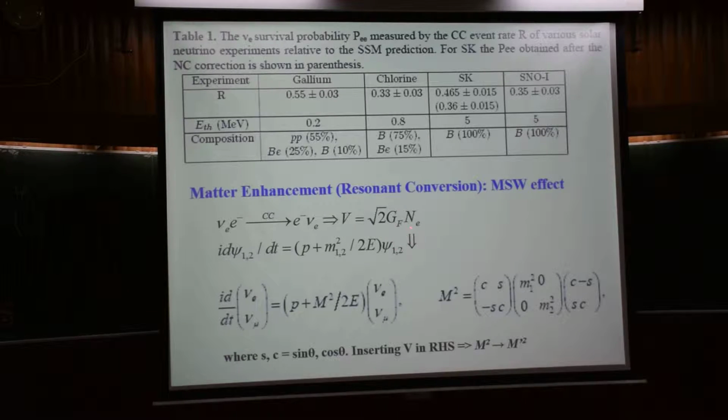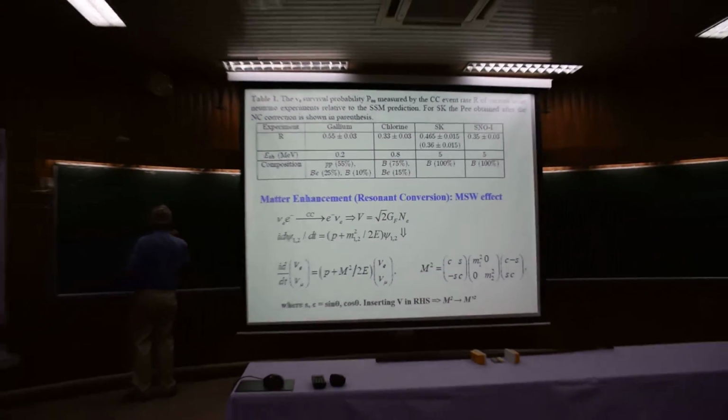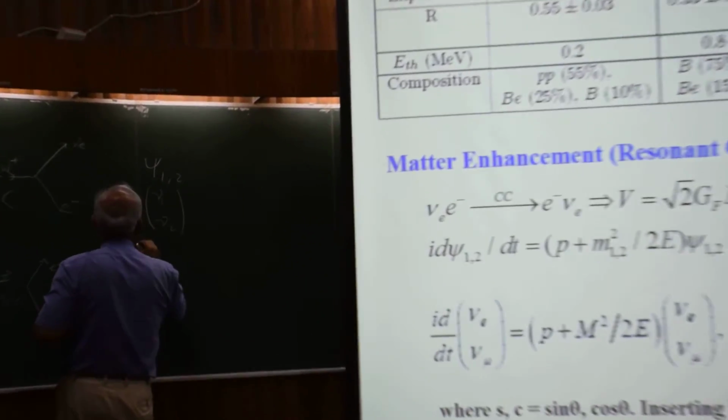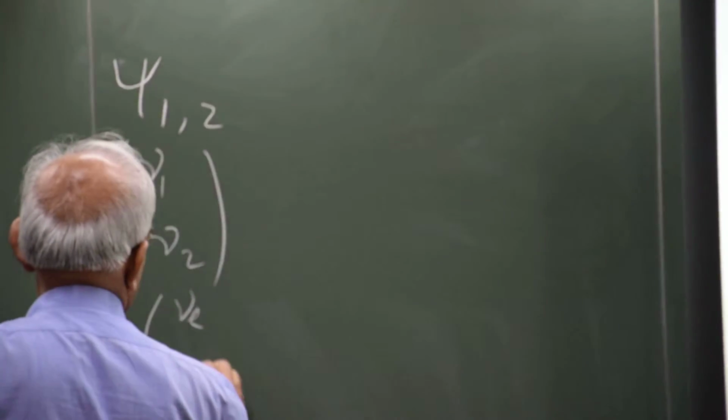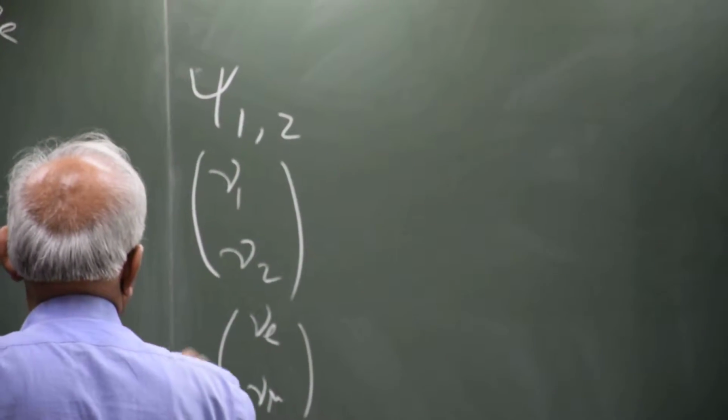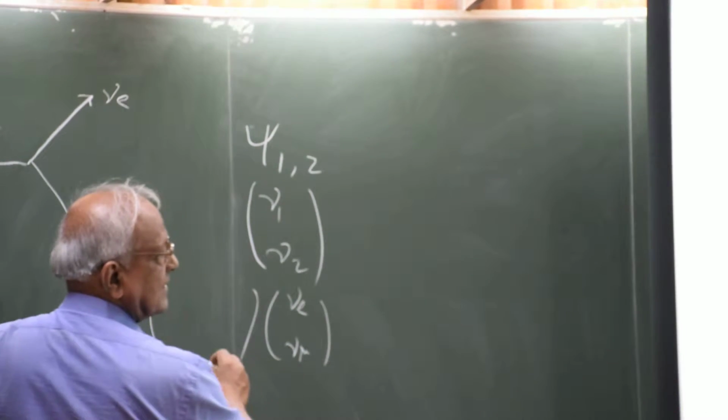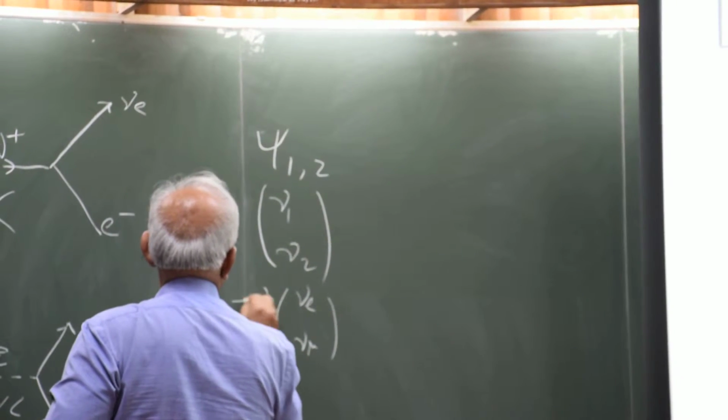So to take that into account, we have to go from the mass basis to the flavor basis. So we have to replace this by nu E, nu mu times the cosine theta, sin theta factor.